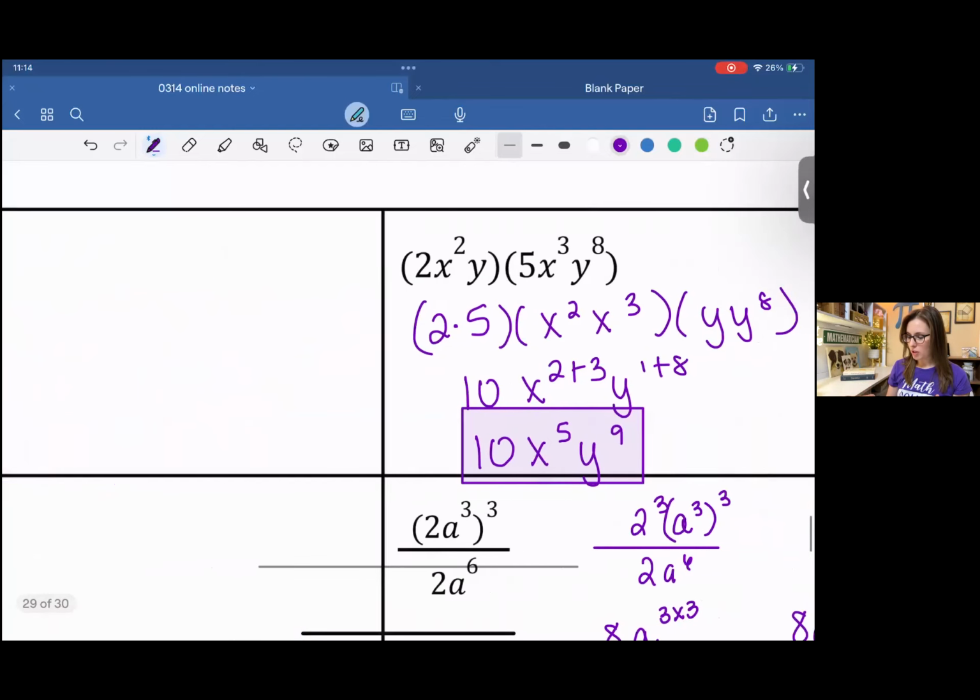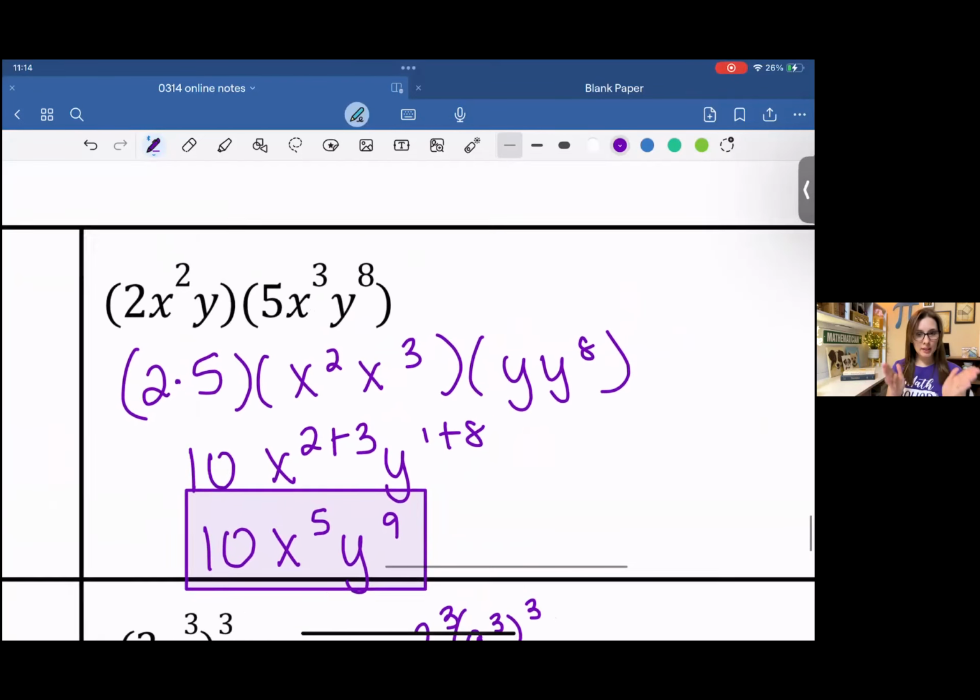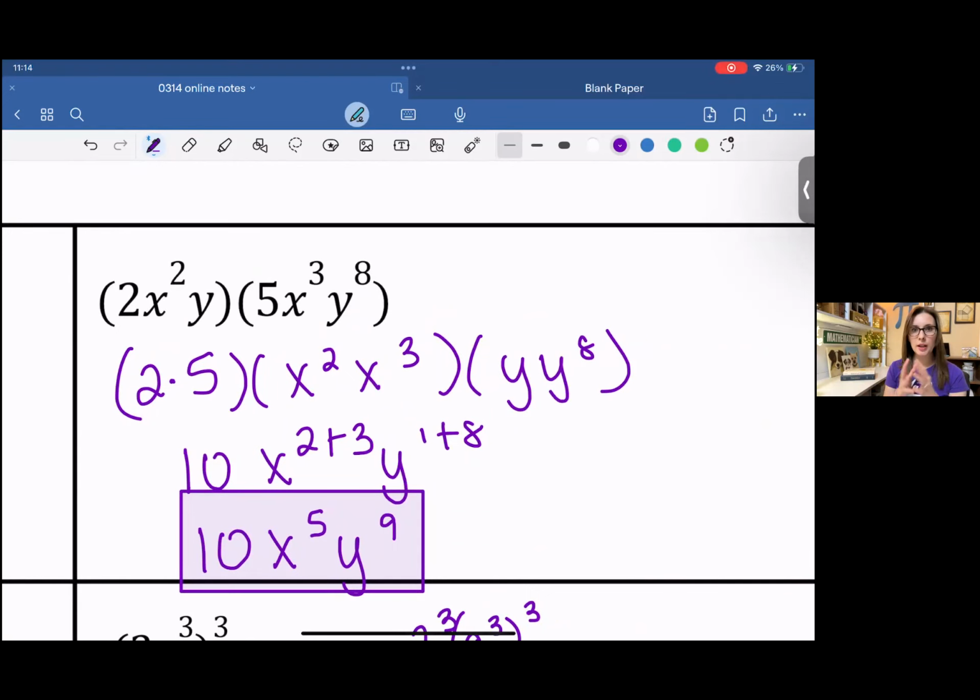To the right over here, again, I used the commutative property and joined the like components. So I joined the 2 times 5. Remember, this is all multiplication. I have some different symbols being used here, with the parentheses and then just side by side, but it is all multiplication.